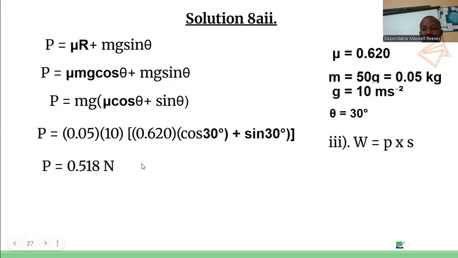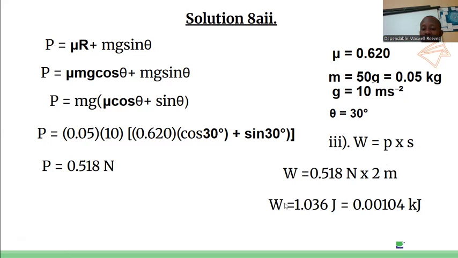0.518 Newton. So replacing this value, we know that for the plane there, the craft covers a distance of 2 meters. So S is 2 meters. So replacing the values, we have work equal to 0.518 Newton times 2 meters. So multiplying this, we have work to be equal to 1.036 joules.